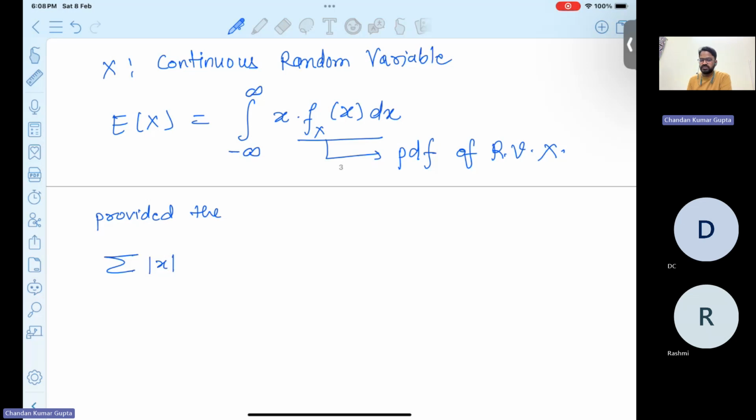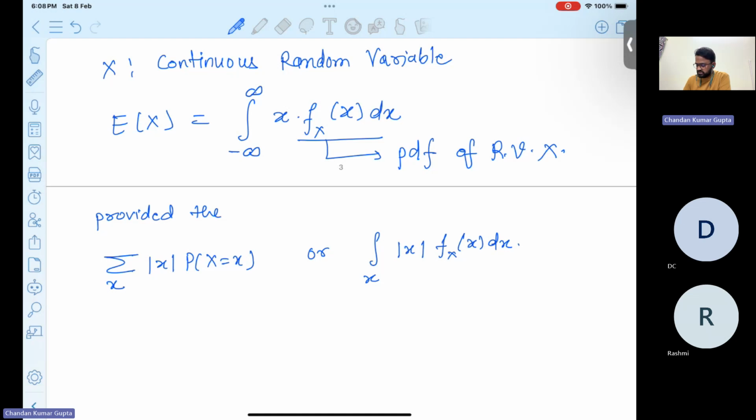Then this gives the mean value of the random variable X. In the continuous case, it is the integral of x f(x) dx.